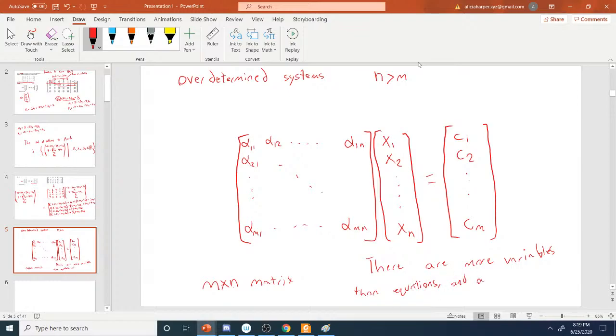And as soon as the system, excuse me, has one solution, it has infinitely many.